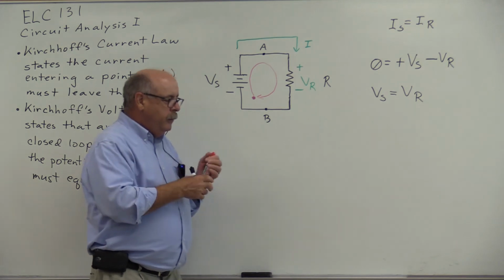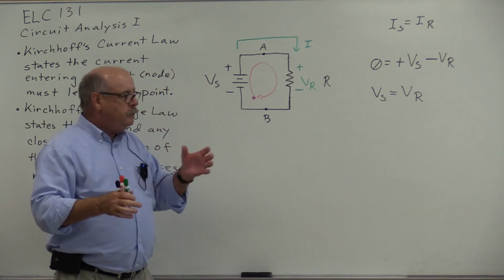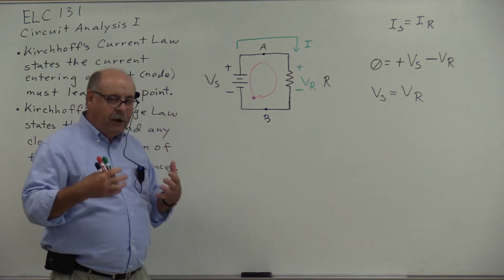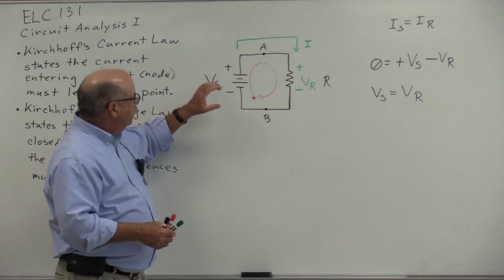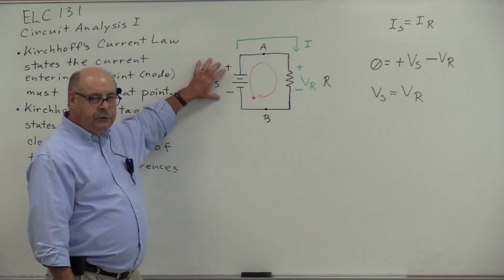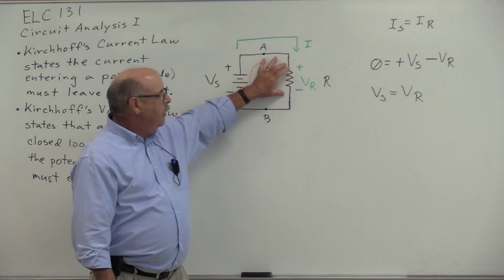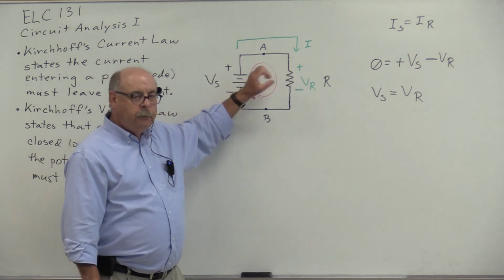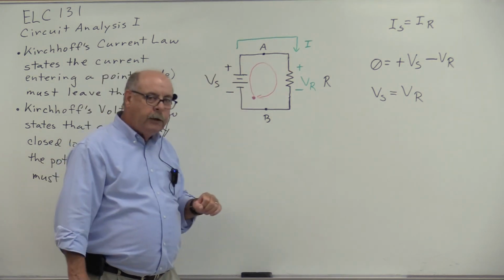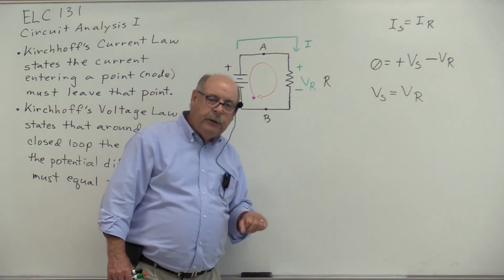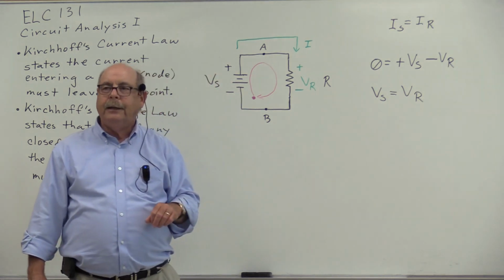And this hopefully makes sense. This is really just the conservation of energy. Vs is potential energy, VR is kinetic energy, and we know whatever energy we apply to a system has to be used up somewhere in that system.